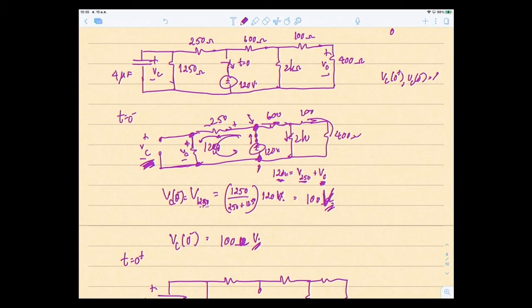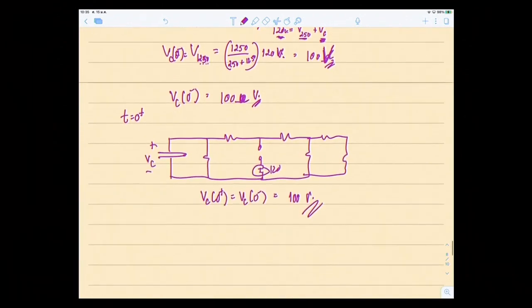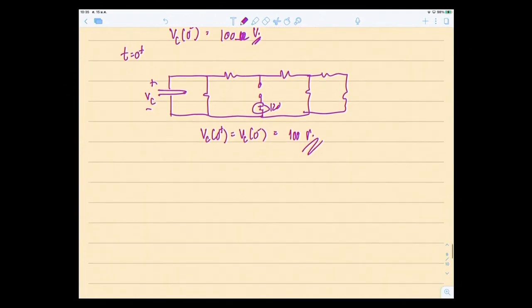Okay. All right, so next I would start doing RC source free. So this is a review on that. So let's do RC source free, what it is. So an RC source free circuit. Okay, let's say I have a circuit like this.